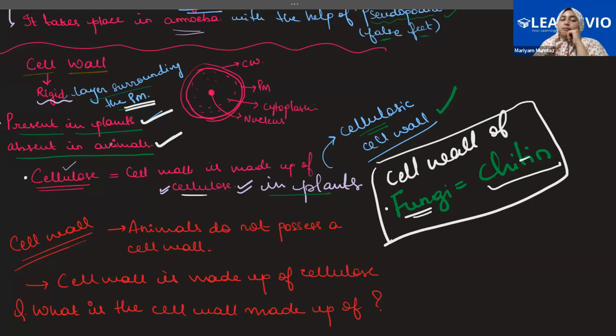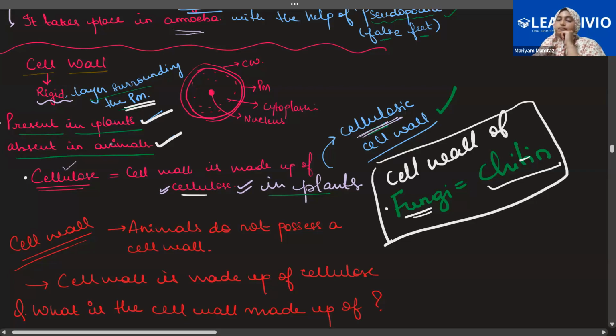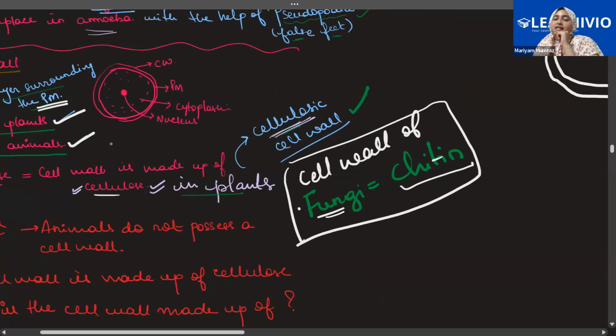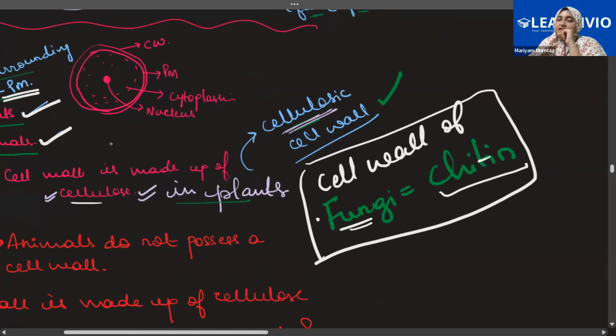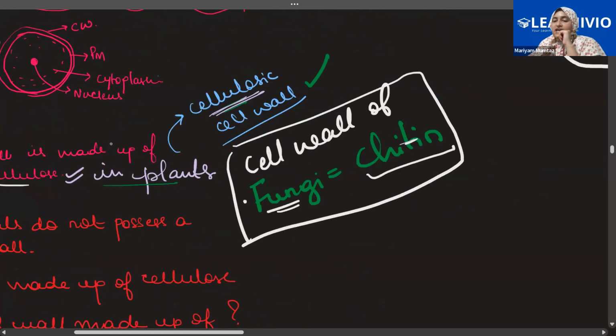The plant cell wall is made up of a substance called cellulose. So we can say that plants have a cellulosic cell wall. Apart from that, the cell wall of fungi is made up of chitin.